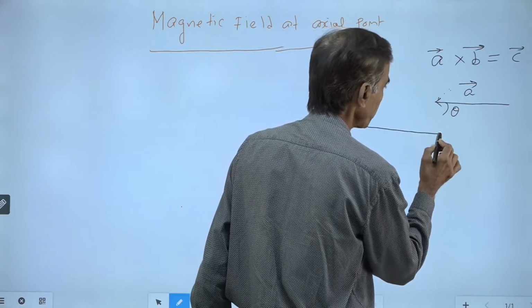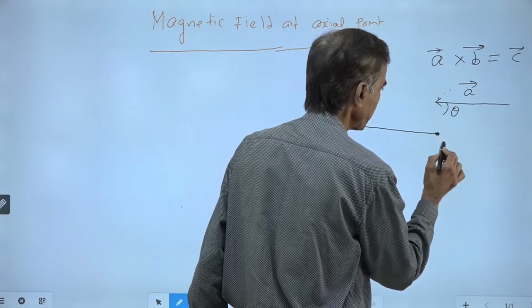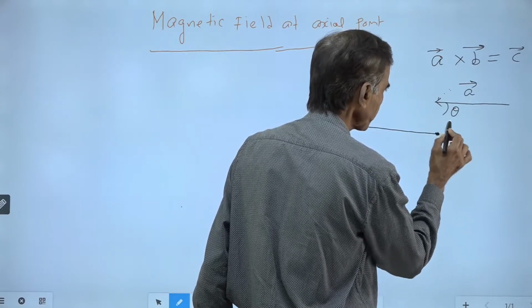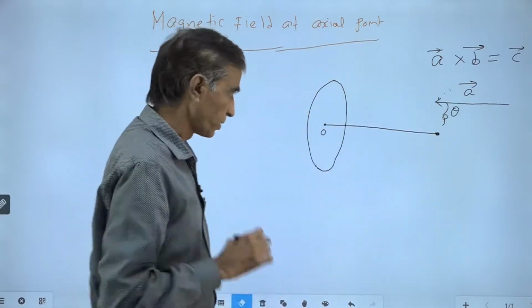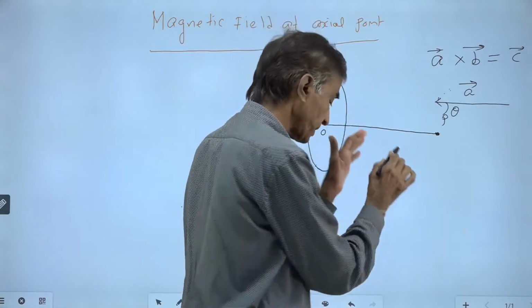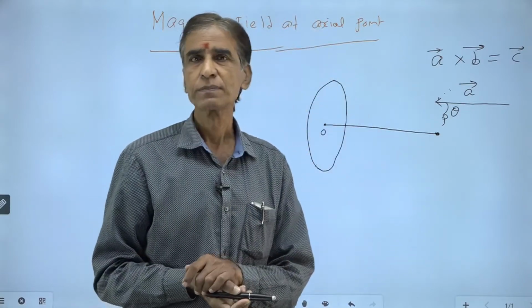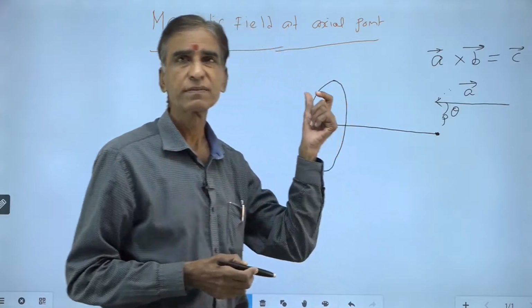Now we want to find the magnetic field at this point. Say the point is P. Now select our current element first, because the loop has so many current elements, not one.